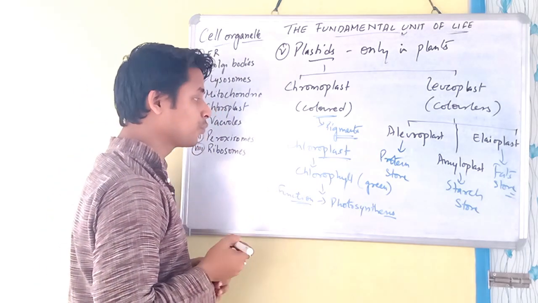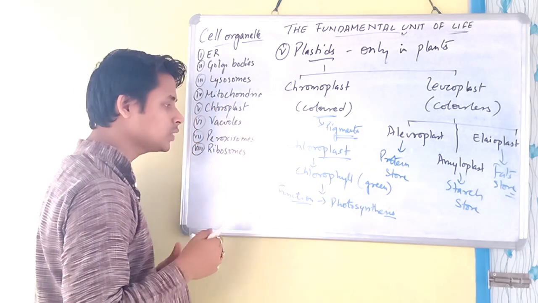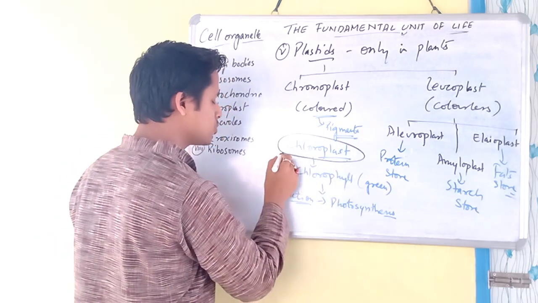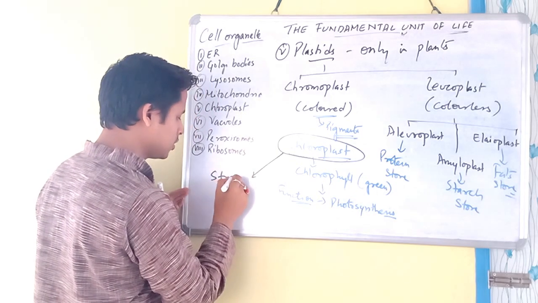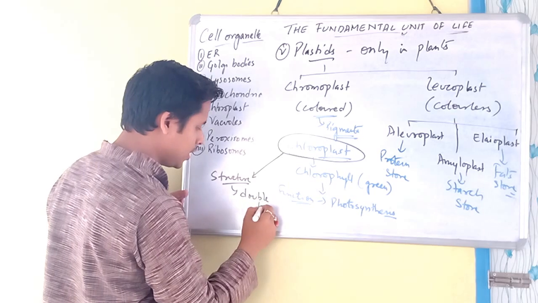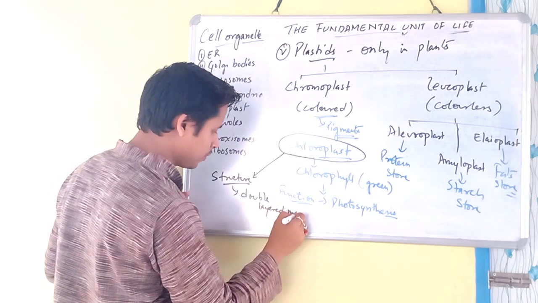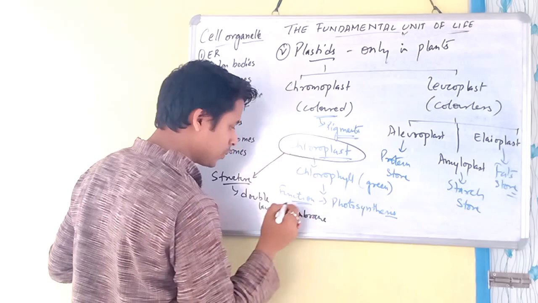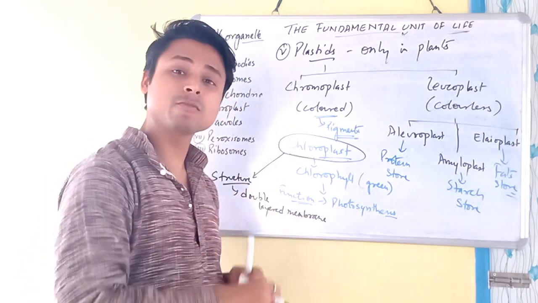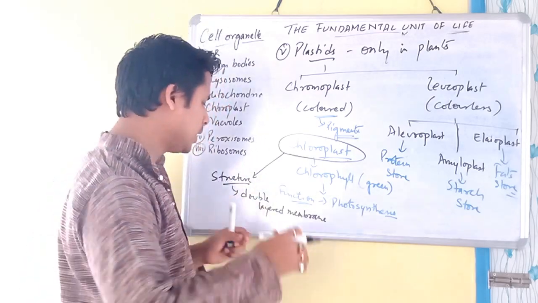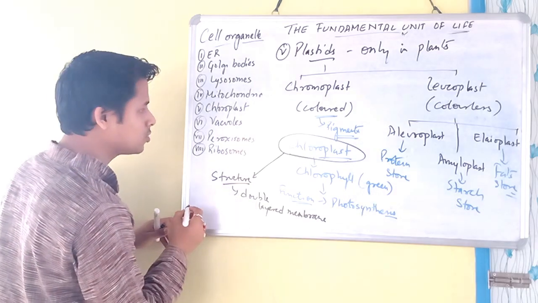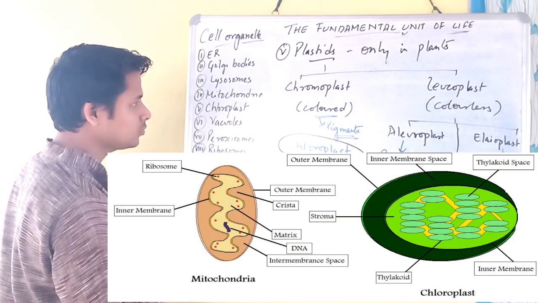Now, very interestingly, considering the structure of only the chloroplast, this chloroplast is also a double layered membrane, like mitochondria. And I will just draw the structure.